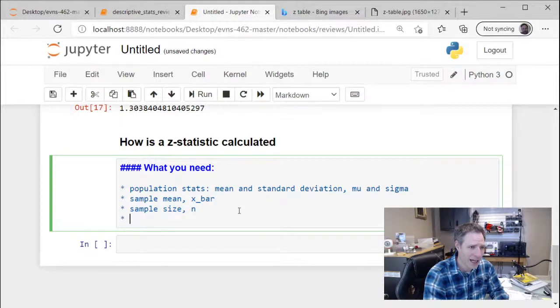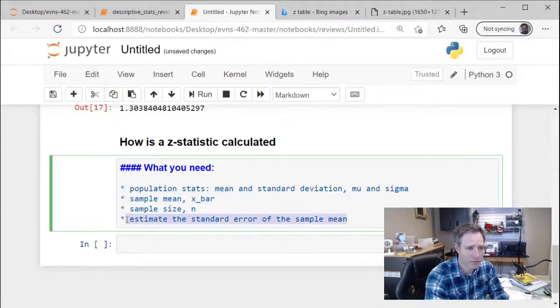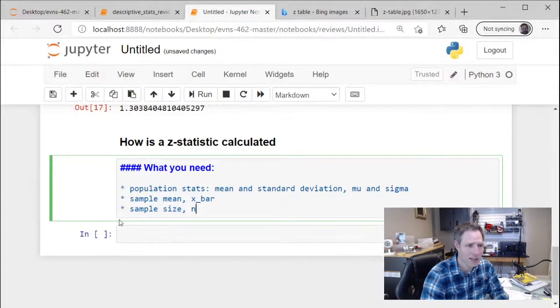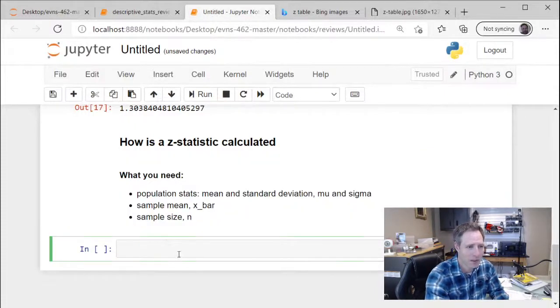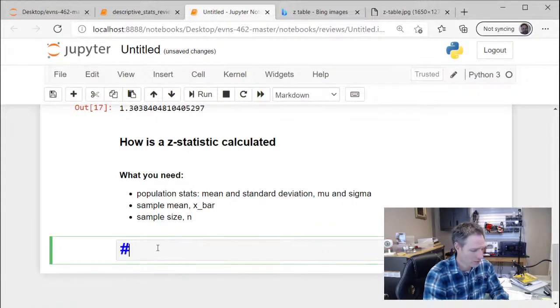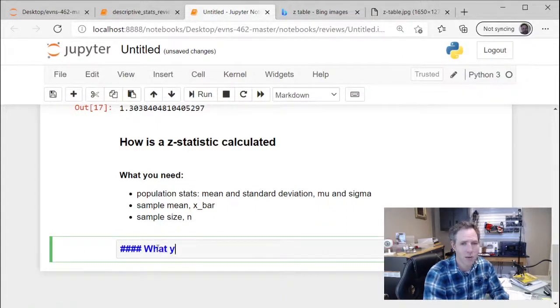And then the last thing you need to be able to do is calculate, or let's say estimate the standard error of the sample mean. Okay, actually, let's erase that because that's not what you need to know. That's a step. Okay, so now let's go down here to what you do.